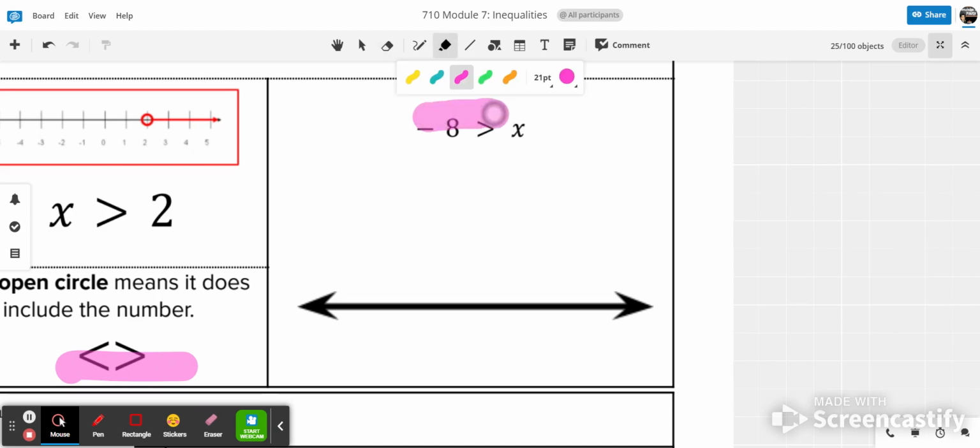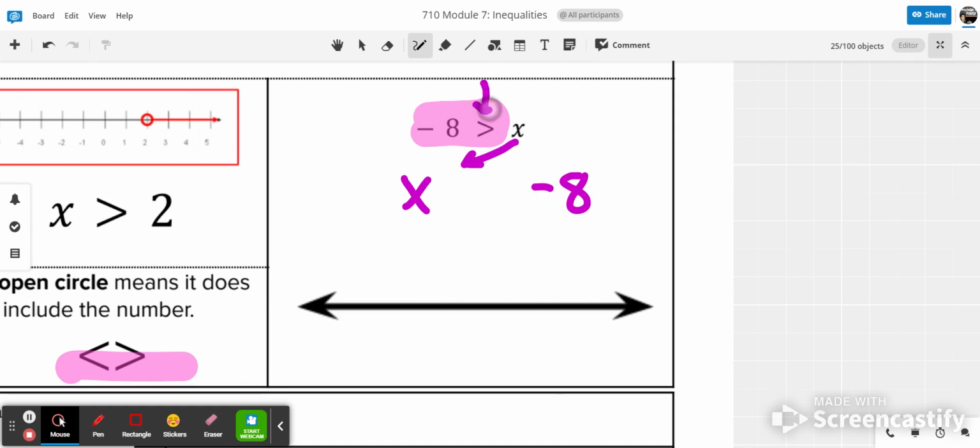So remember we talked about yesterday, we want to make sure that our variable is on the left. We're going to rewrite it so the variable comes first and our -8 would be on the right. That's going to make it easier for us to graph it. When I look here though, my alligator mouth, my symbol, is opening up towards the 8, right?